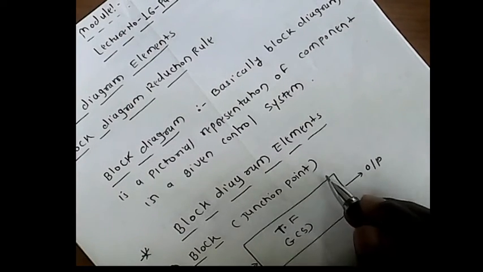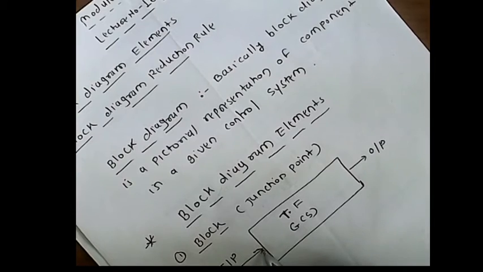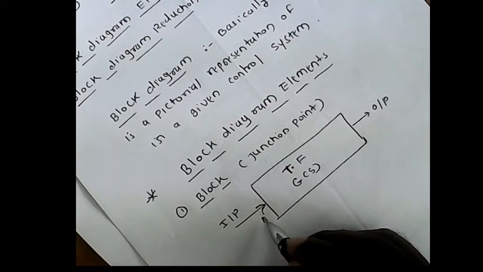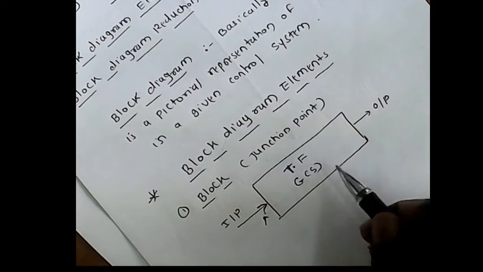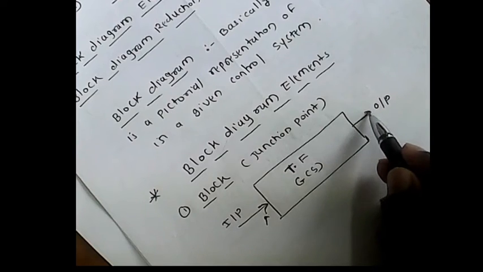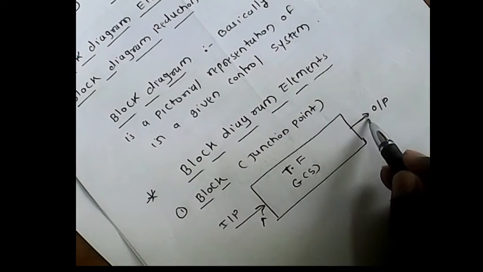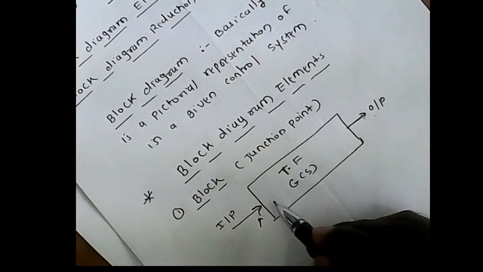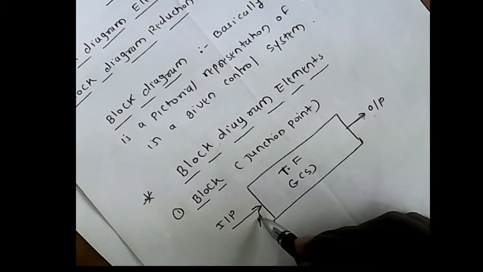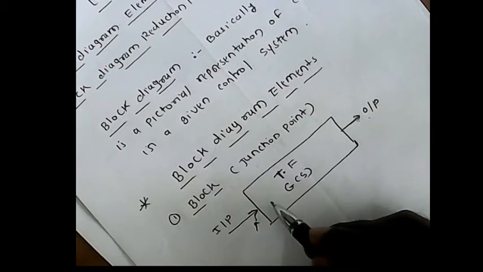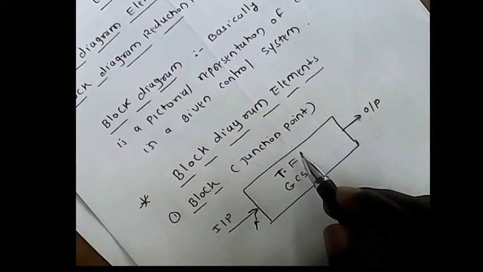It is a junction point where the input is indicated by the entering arrow and the output is indicated by the leaving arrow. So this is a block.